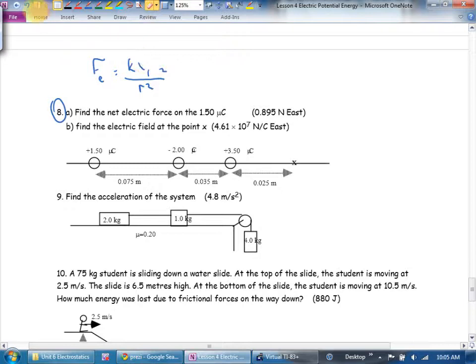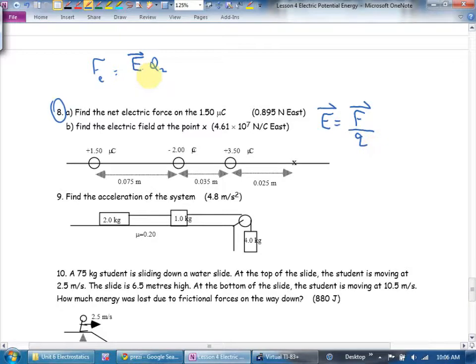Oh, didn't want to erase all that. Try again, Mr. Dueck. Isn't that actually electric field, KQ over R squared? So if they want me to find the electric field, it's going to be the force at that location divided by the charge at that location if I get electric field by itself.